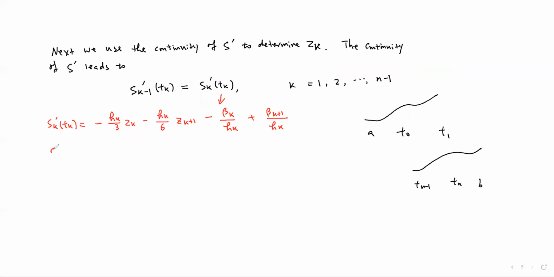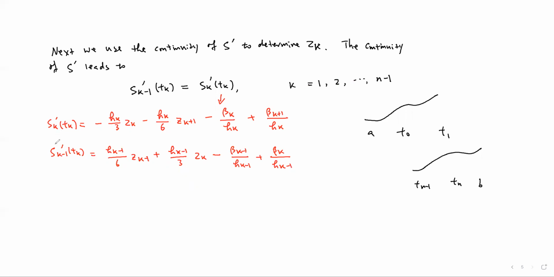Then S k minus 1 derivative at t k is h k minus 1 over 6 c k minus 1 plus h k over 3 c k minus beta k minus 1 h k minus 1 plus beta k h k minus 1.